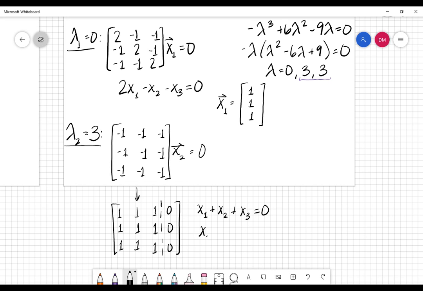So really, I can move things over and say x1 has to be equal to negative x2 minus x3, and then I pick some values that work for that. Let's say for my eigenvector, I'm just going to pick 1 for x sub 2, and 0 for x sub 3, because then x sub 1 can be equal to 1.